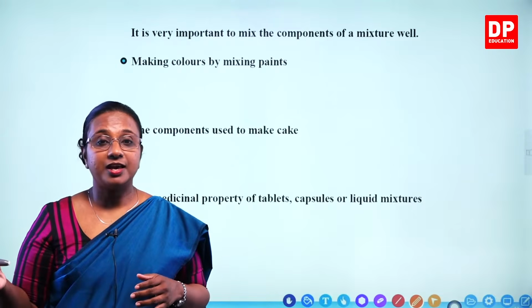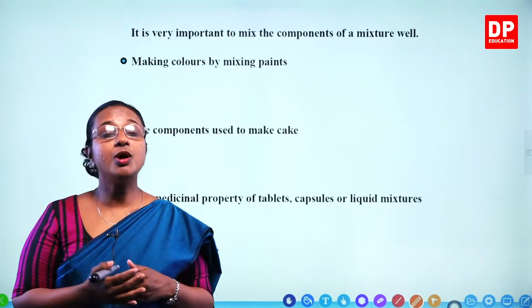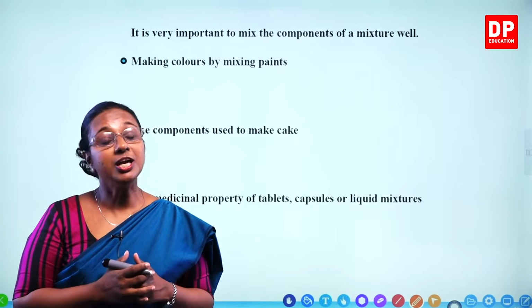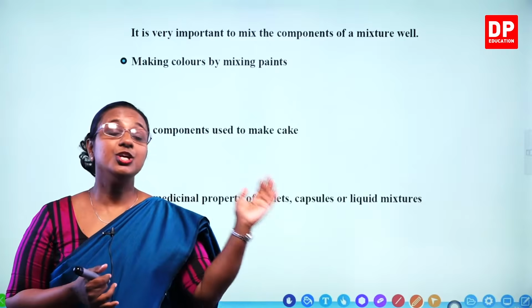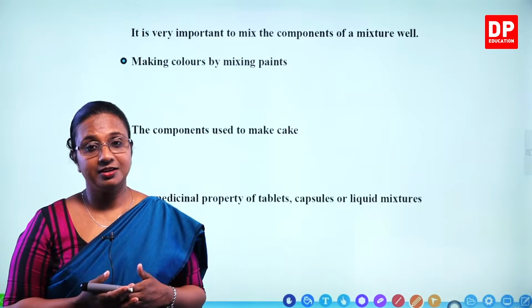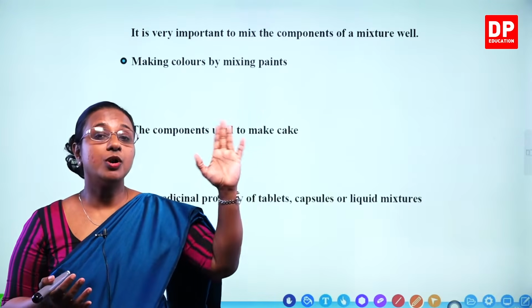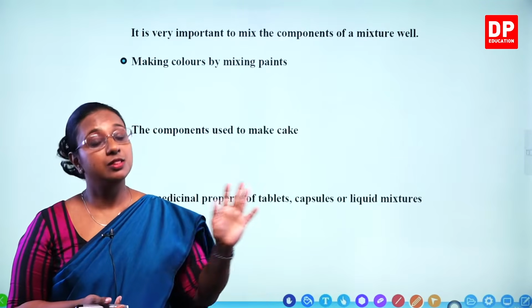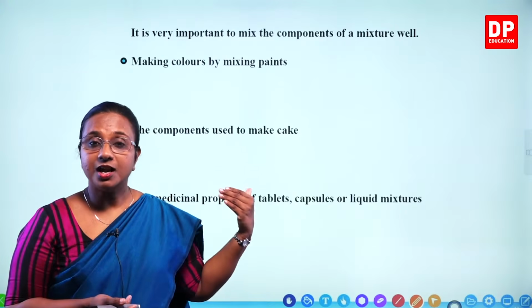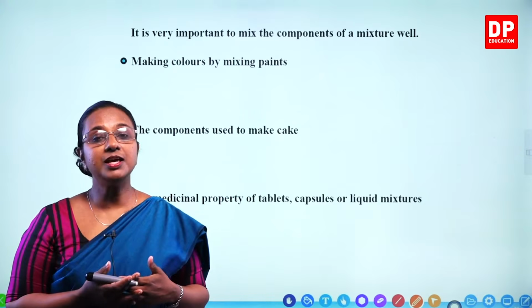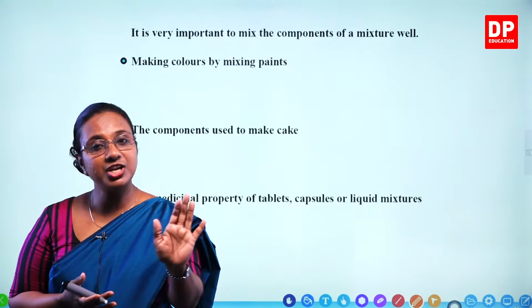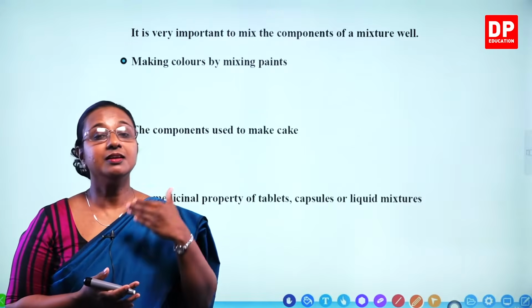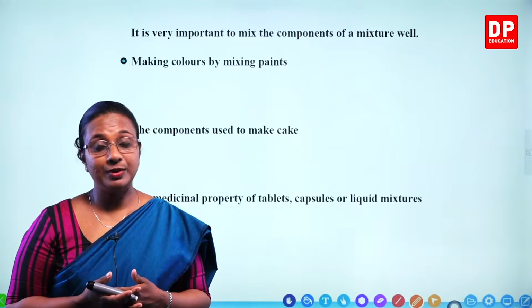The same way, when you paint the walls of a building, the color has to be uniform unless you want it to be shaded. So either way, if you want a uniform color, the paint mixture has to be the same throughout. If you want the color to change uniformly, or if you want to have a shading, then you have to change the mixing in a particular way.